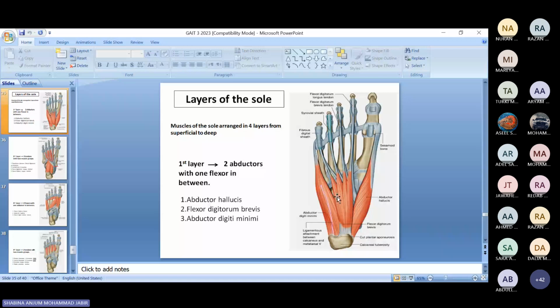This flexor is called flexor digitorum brevis, brevis meaning short muscle. It comes from here and is inserted over here. On each side we have abductor hallucis for the great toe and abductor digiti minimi for the little toe.